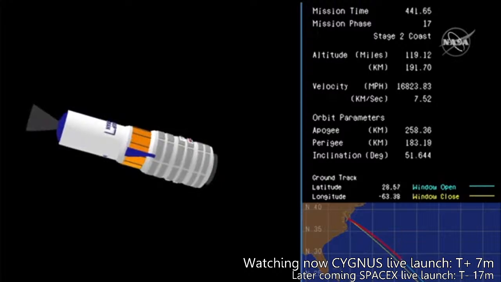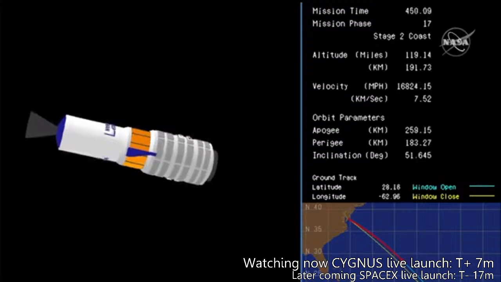Attitude nominal. Cygnus has begun its journey to reach the International Space Station early Monday morning. All vehicle subsystems nominal.